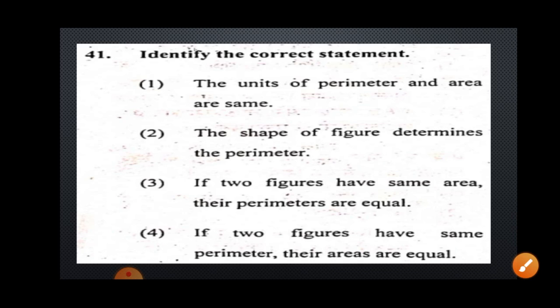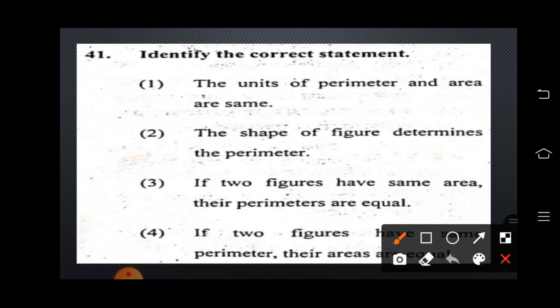Given that the two figures have the same area, I will take two rectangles, and both are having the area 24 for both. But I will take the measurements different. It is 6 and 4. Both are different figures. So here it is 8 and 3.